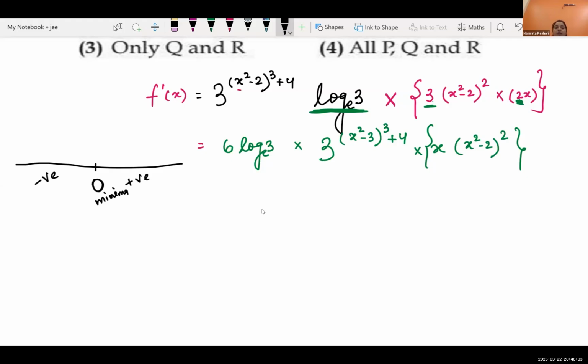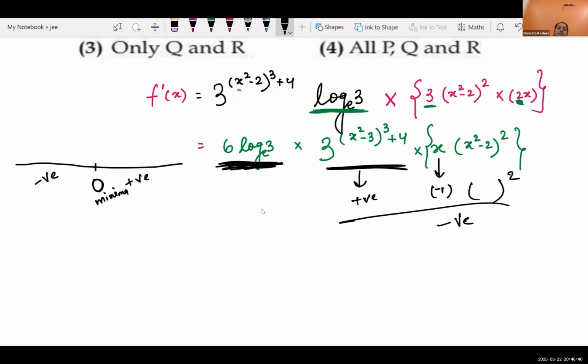If we take towards the left of 0 any negative number, let's say -1, the constant is constant, we don't have to think about that. Next, for the 3 to the power part, whatever x you take, a negative or a positive number, eventually it will give you a positive answer, right? Here x is -1 and the square is there, so can you see we are getting negative completely?